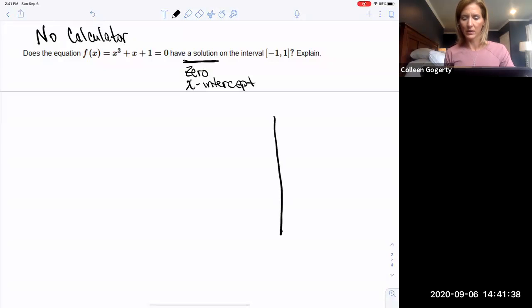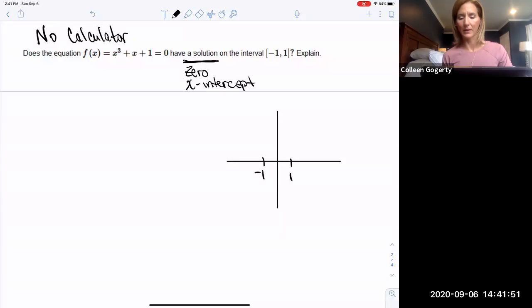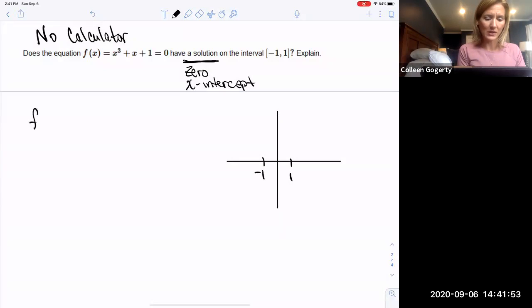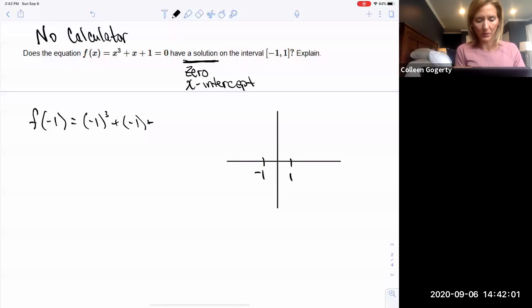All right, well, let's start with, let's get what would happen on my graph. Okay, so I want to specifically know at -1 and at 1 what's happening. So first thing I need to do is find what is f of -1. So if I put -1 into my equation, -1 cubed plus -1 plus 1, okay.